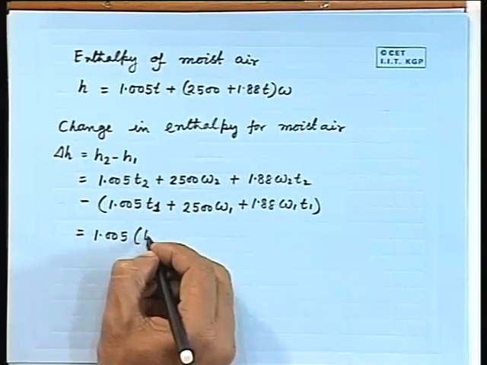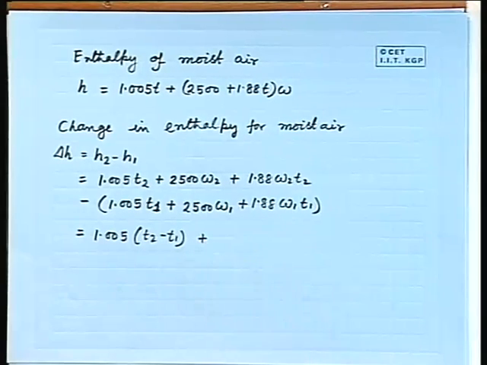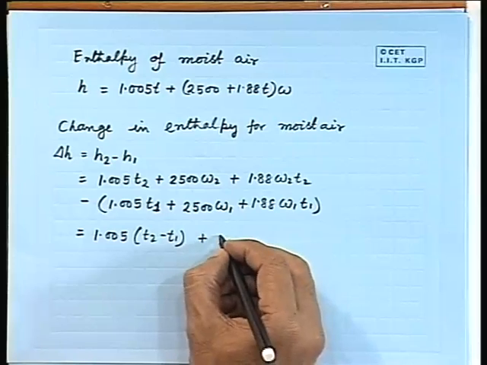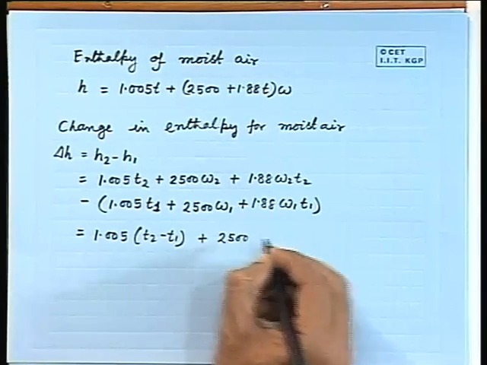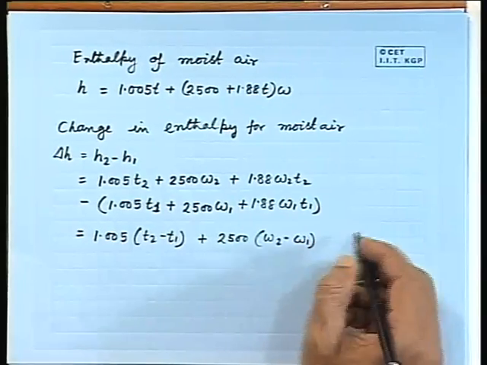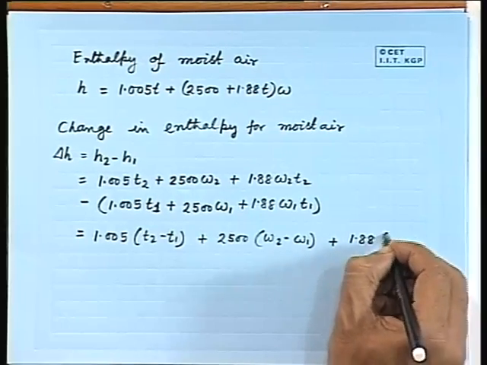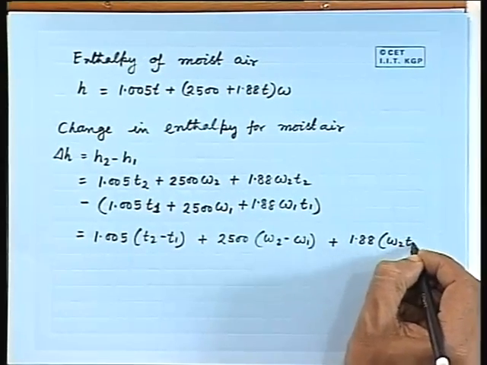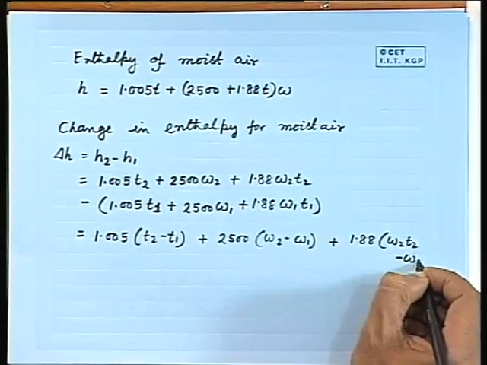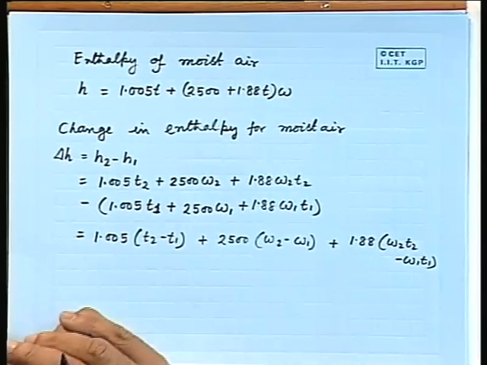So, one can write 1.005 (T2 minus T1) plus 2500 (W2 minus W1) plus 1.88 (W2 T2 minus W1 T1). All right.